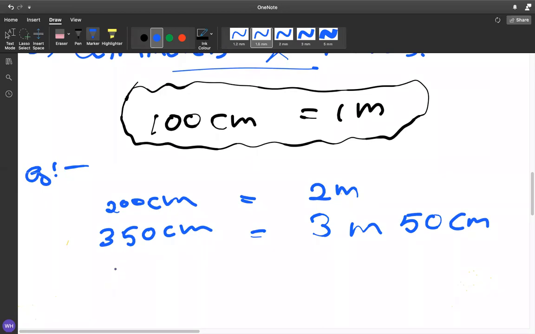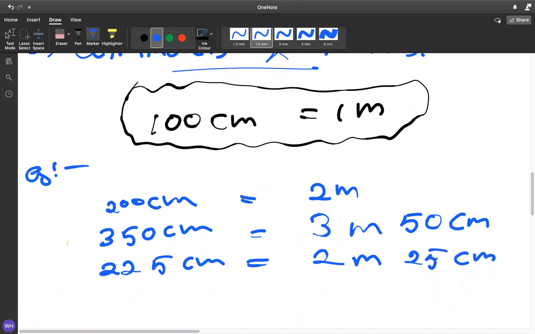Get ready, yeah? If you have 225 centimeters, tell me the number of meters and the number of centimeters. Two meters. Correct. 25 centimeters. Centimeters, we are discussing centimeters.